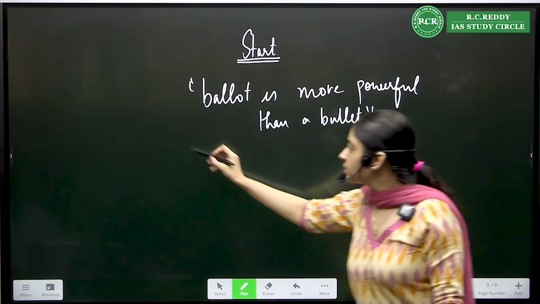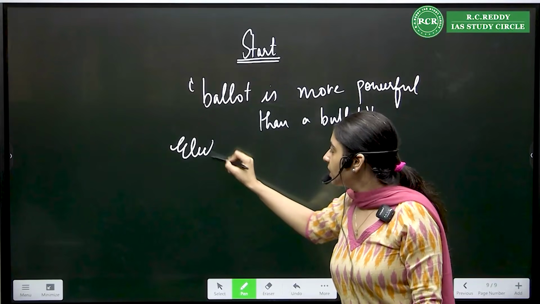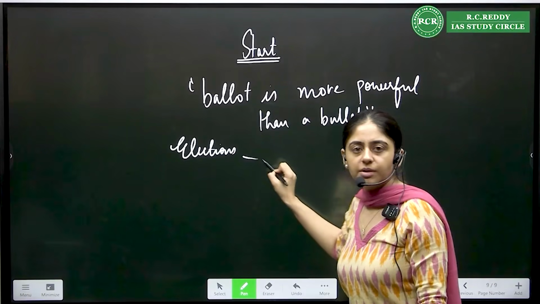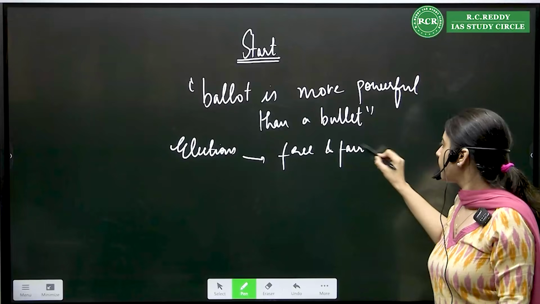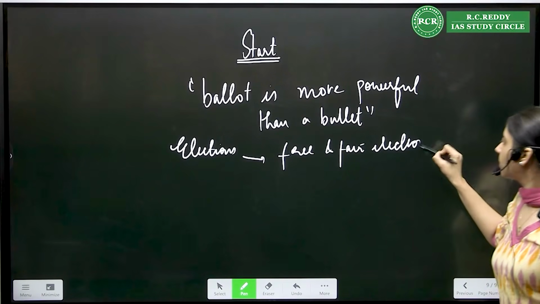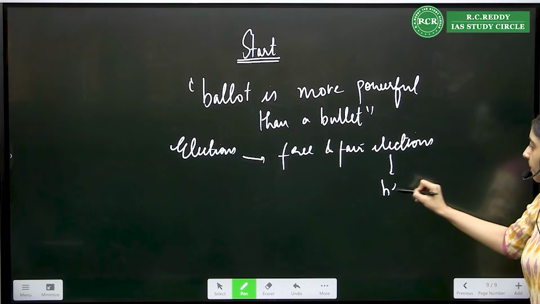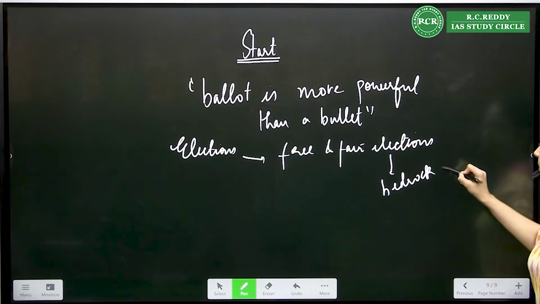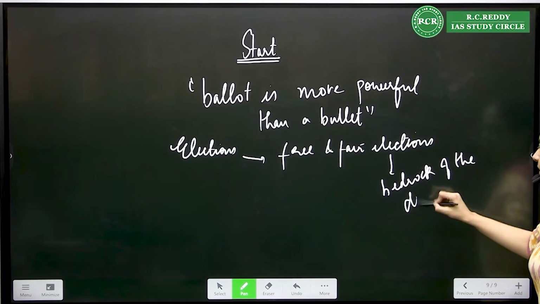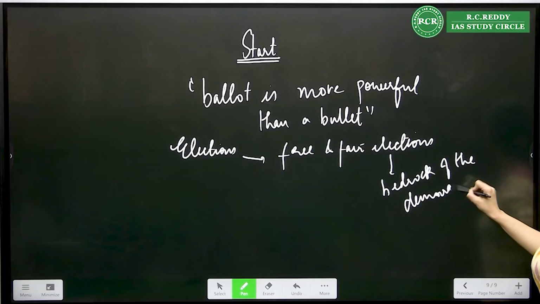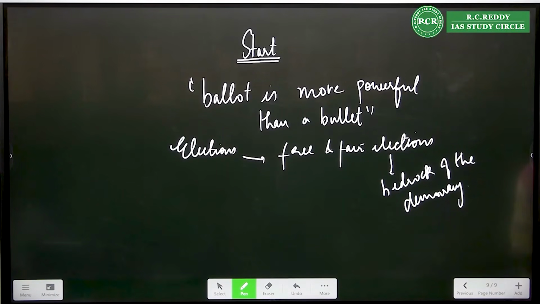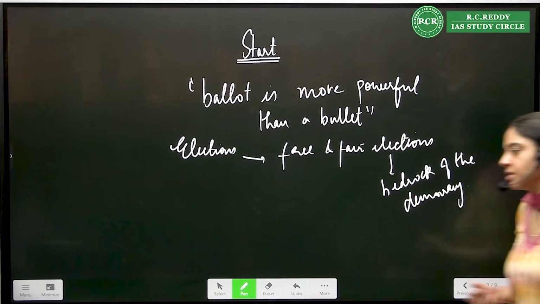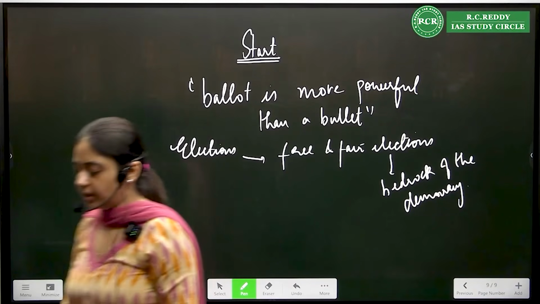Also write about the importance of elections, and not just elections, free and fair elections. You can write how they form the bedrock of democracy. So give a little context like this about the election process, or you can even write an anecdote. Just write the start so that you have an idea.